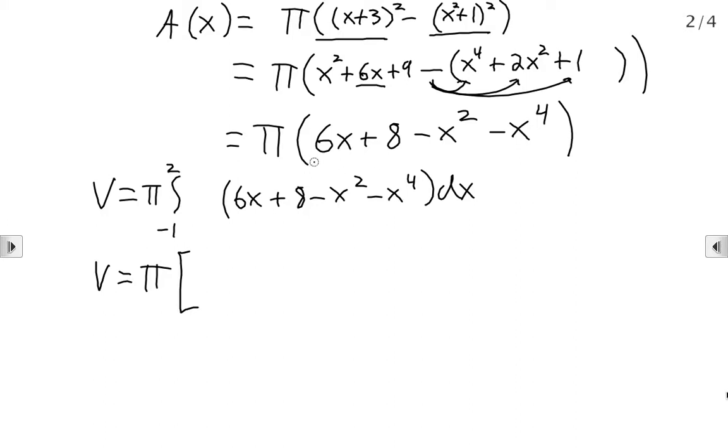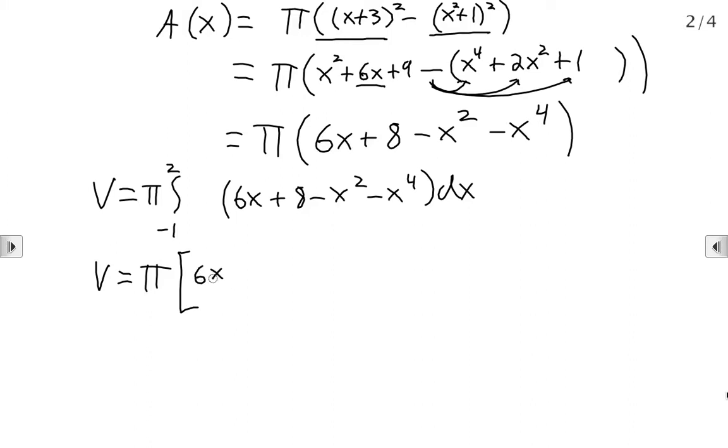The reason that's to our advantage is we have a pretty long function, but not a difficult function. The operations that connect each term are just simple addition and subtraction. So that means we can focus on the antiderivative plus the antiderivative minus the antiderivative minus the antiderivative.